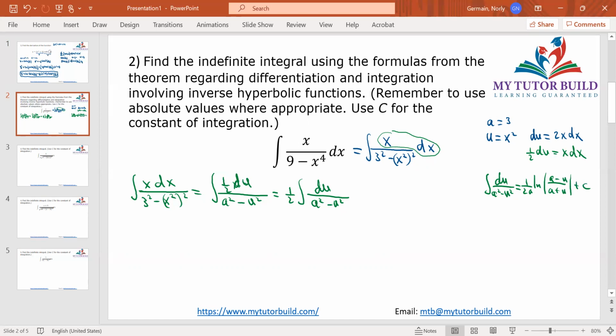Remember, we said to use the absolute value when it's appropriate. In some other examples, it can also be equal to an arctangent. For example, this one can be equal to 1 over a times inverse hyperbolic tangent of u over a, plus c. But in this particular example, we're going to use the part where we said ln.